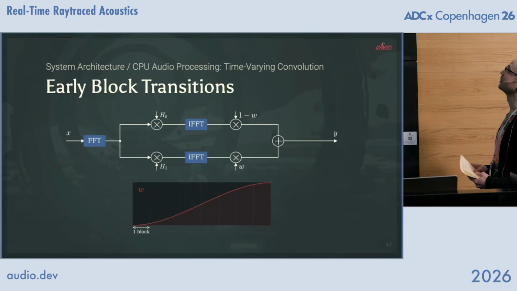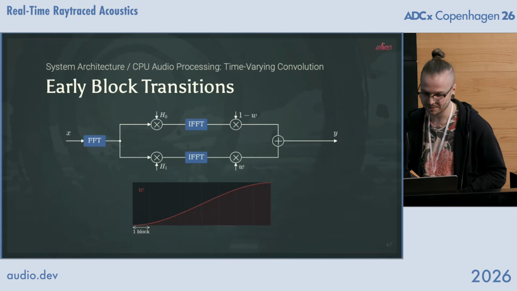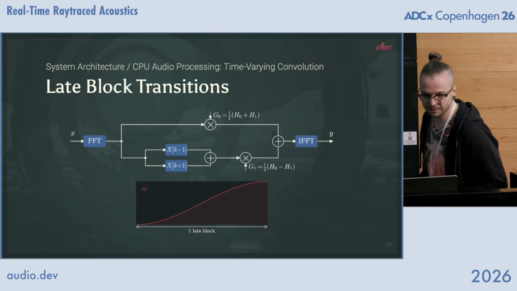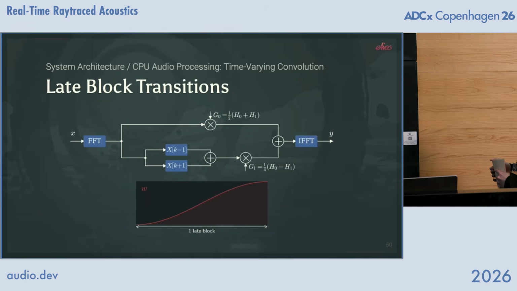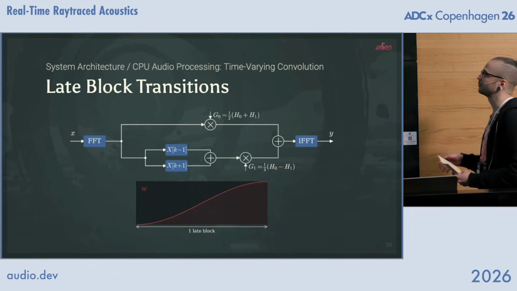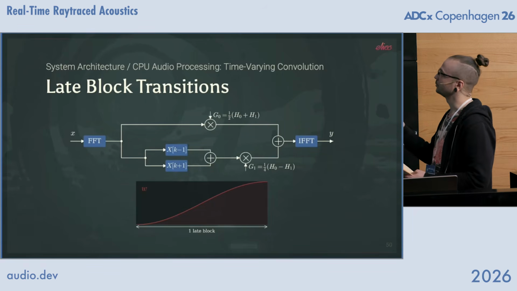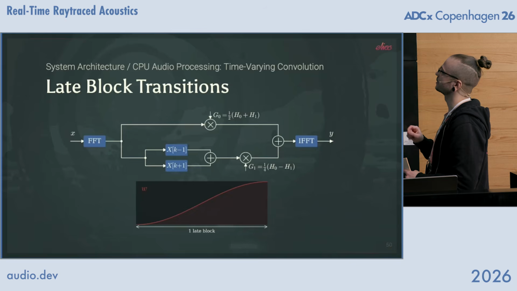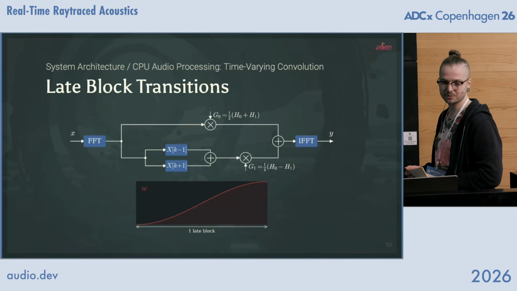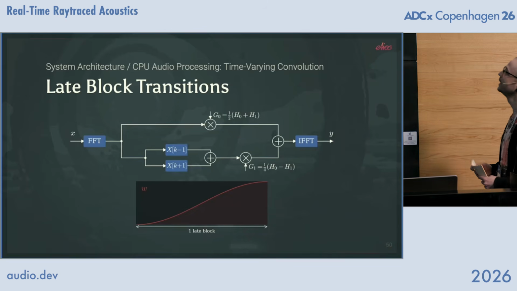So this is the early block transitions, just a regular windowed crossfade. Nothing fancy there. But in the late blocks, since they are longer than the early reflection blocks, we could actually do a crossfade that is long enough that it wouldn't sound like a discontinuity in just one block.